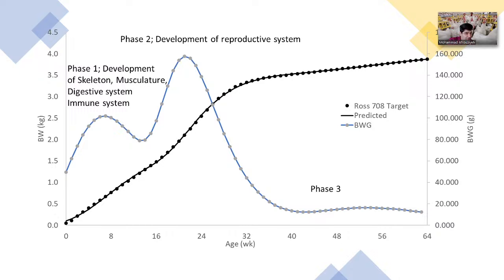One of the most important triggers is fat deposition, because if they have enough abdominal fat, they are going to produce adiponectin, and by that they can signal to the brain and to the reproductive system that the bird is ready to start laying. That's why it's really, really important.